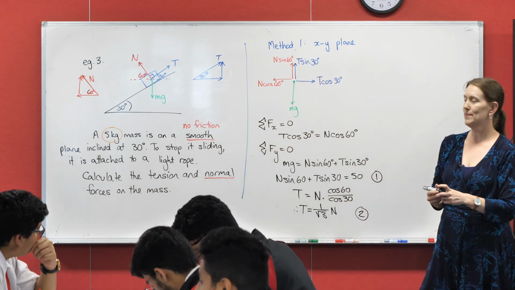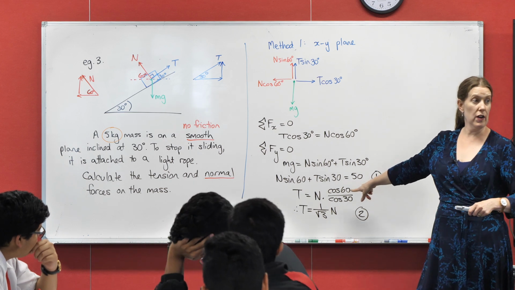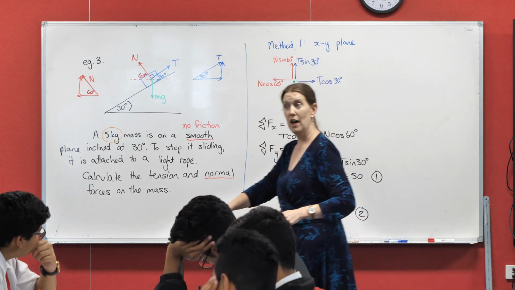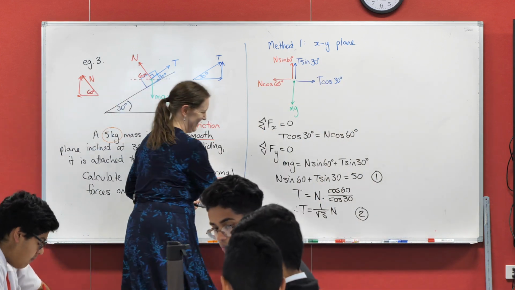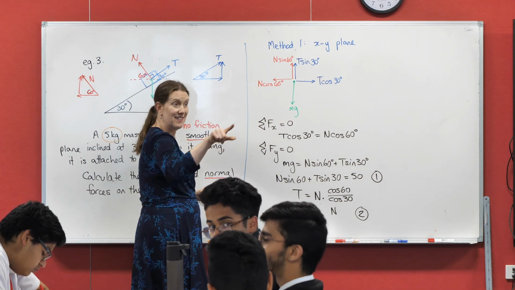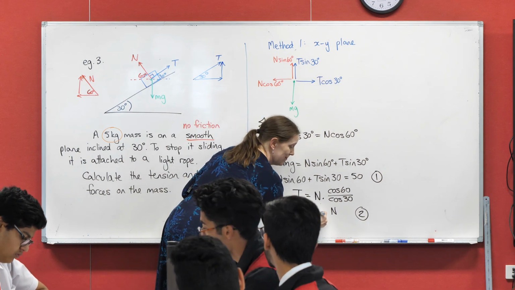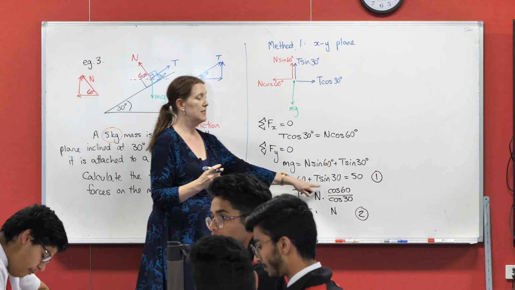Isn't it root 3? Cos 60, just root 3 or 1 on root 3? I'm relying on you guys. You think you're confident? Yeah. Check. We've got division. What's cos 60?